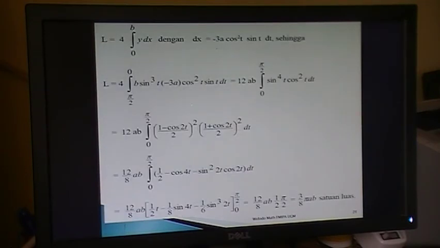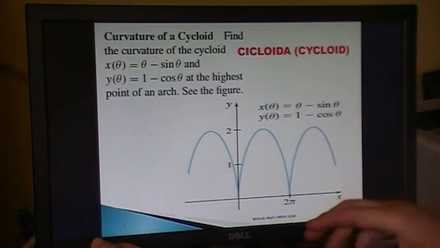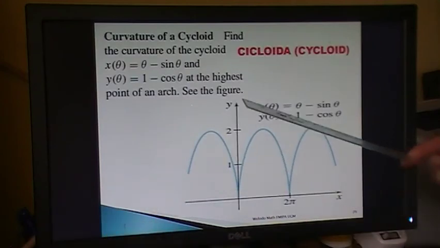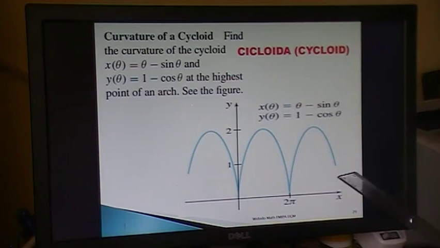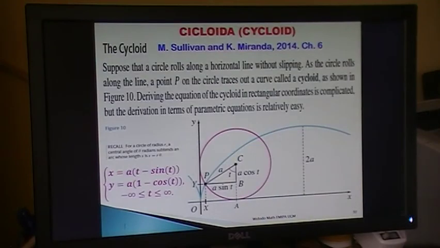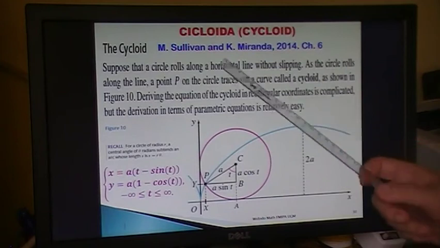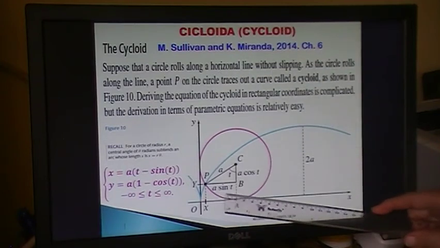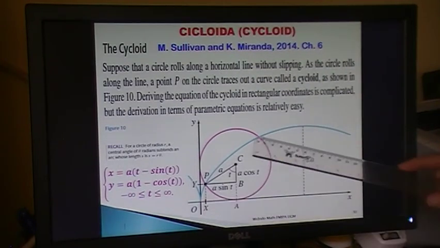By the same way, we can compute the area of the cycloid. As you know, in calculus 1, the cycloid is actually the following. If we take from the book of Sullivan, the cycloid is a curve like this.